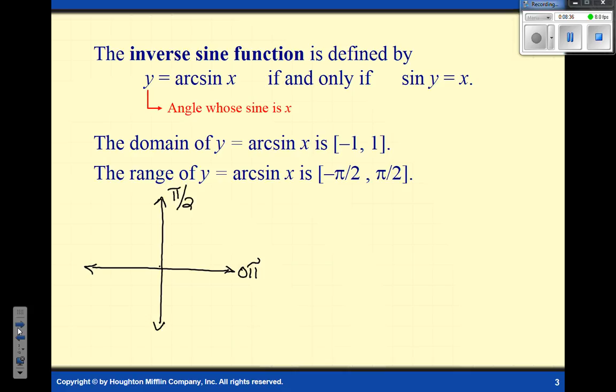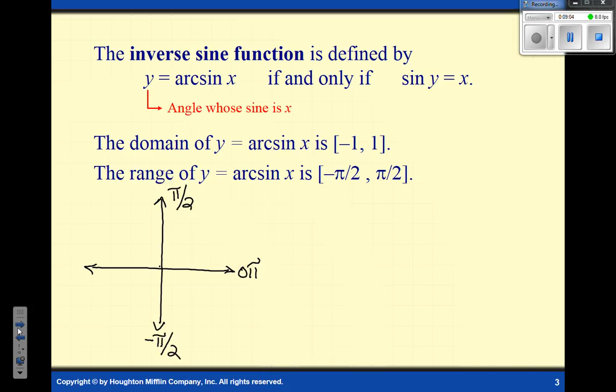We're only working in radians, not in degrees. So what goes down at the bottom? Okay, what would go down at the bottom, you're right, is 3 pi over 2. But we have to set this up so that it matches the restriction that we have for inverse. What is another way? Negative pi over 2. Remember when we did coterminal angles? So this is actually negative pi over 2.